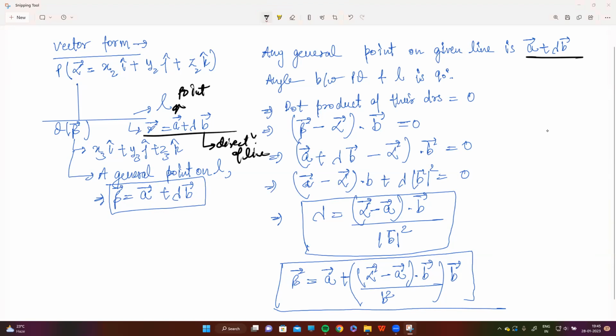So this can be written as (a minus alpha) dot b plus lambda times mod b square, since b dot b will be mod b square. So the value of lambda can be calculated as alpha minus a bar. Alpha minus a bar would be what?